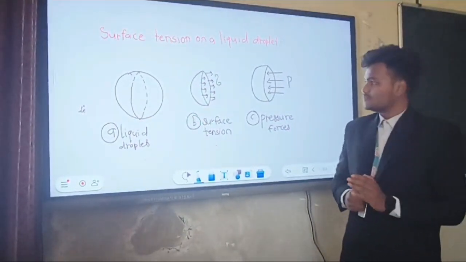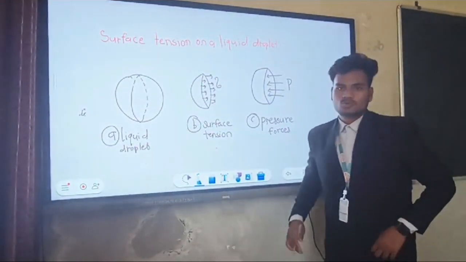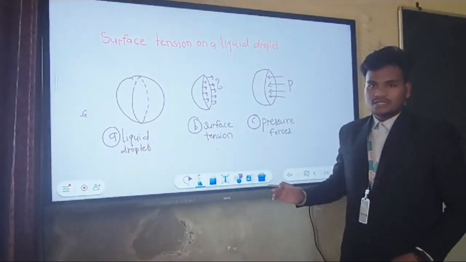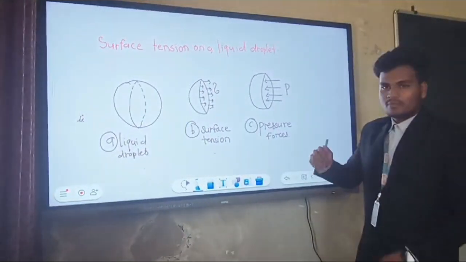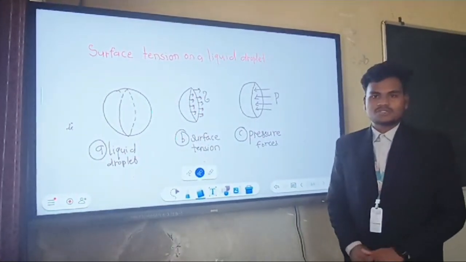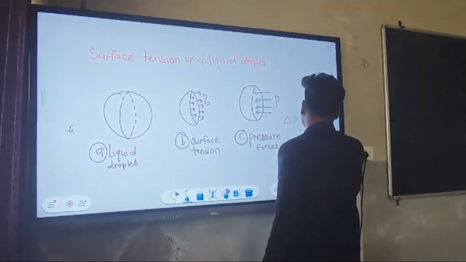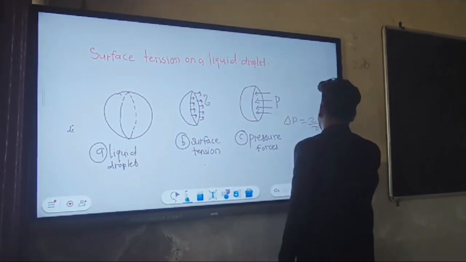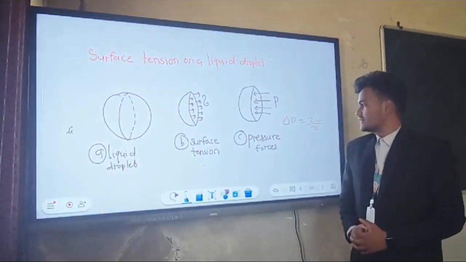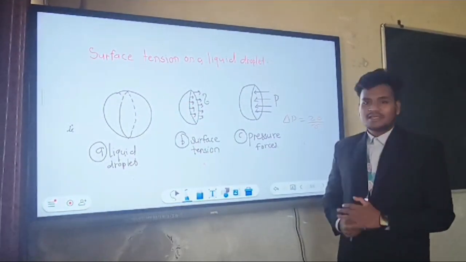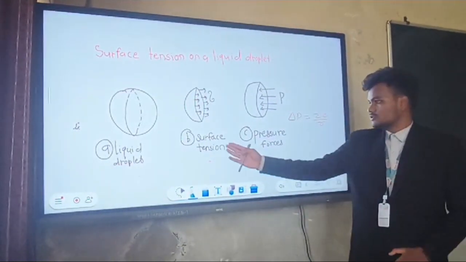The excess pressure delta P inside a droplet due to surface tension can be derived as the Young-Laplace equation. The Young-Laplace equation is delta P equals 2 sigma upon R, where delta P is the excess pressure inside the droplet, sigma is the surface tension of the liquid, and R is the radius of the droplet.